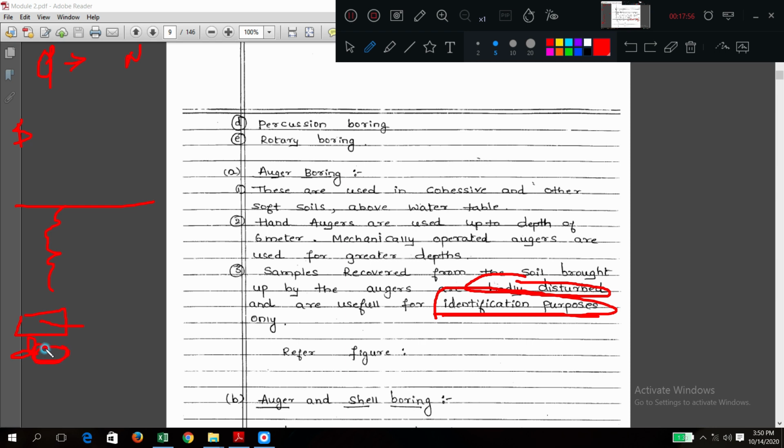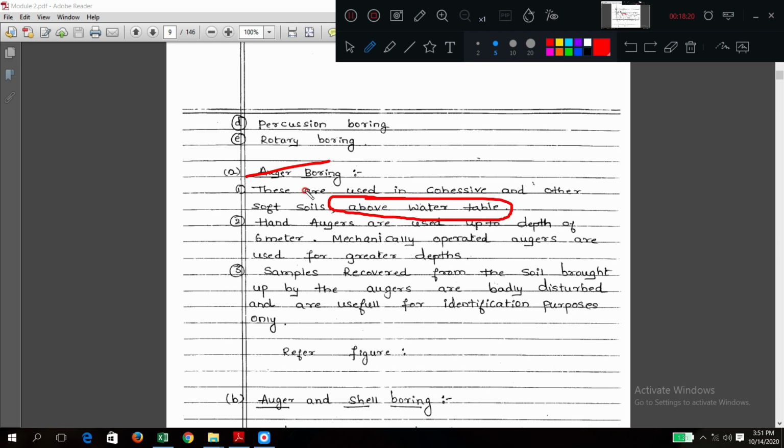Whatever soil you get from underneath, by observing it you can only tell whether it is a fine soil, black cotton soil, moram, or alluvial soil.